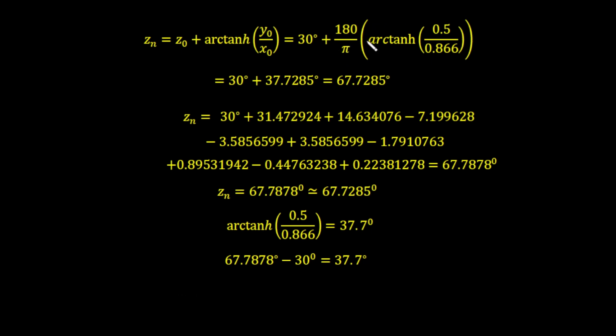If you put this part into a calculator, it's going to give you 37.7285 degrees. So when we add both of these together, we should get an angle of 67.7285 degrees. So this is the angle which we are planning on generating from our algorithm.